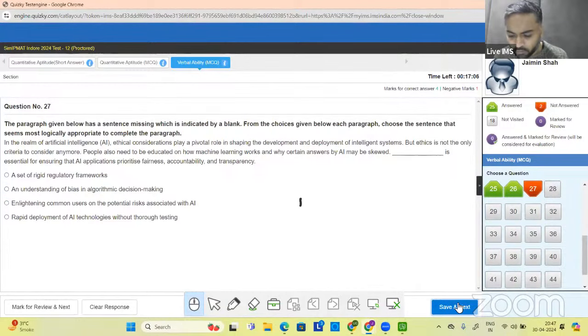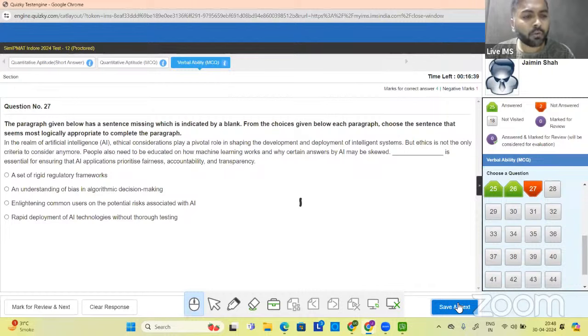In the realm of artificial intelligence, ethical considerations play a vital role in shaping the development and deployment of intelligent systems. But ethics is not the only criterion to consider anymore. The public also needs to be educated on how machine learning works and why certain answers by AI may be skewed.